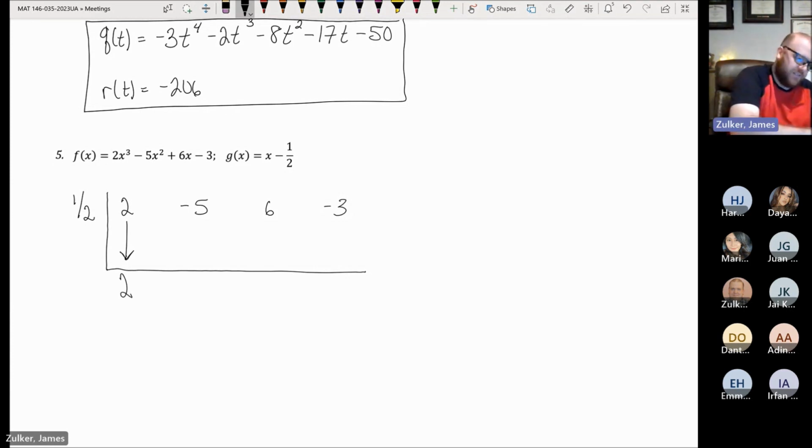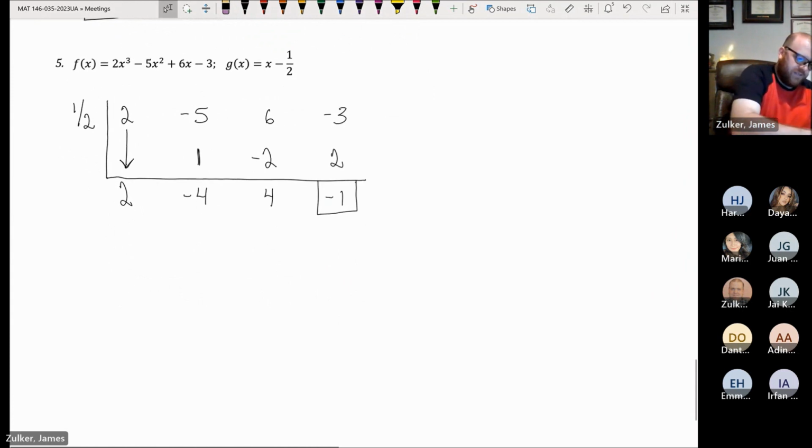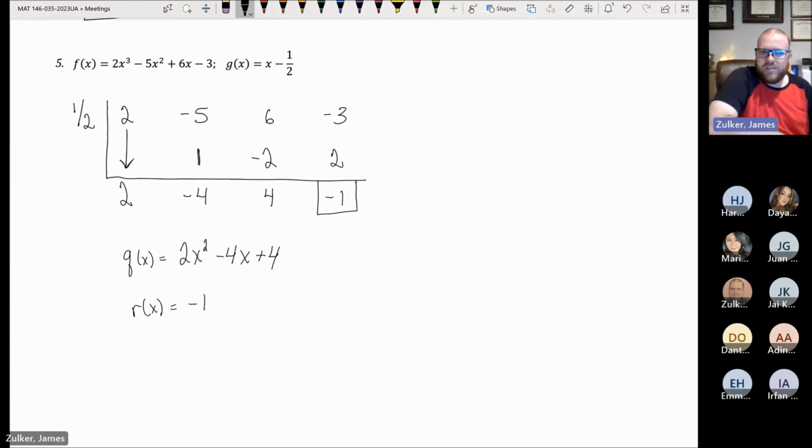Times 1/2. Plus -5. Times 1/2. Plus 6. Times 1/2. Plus -3. Quotient would be 2x squared minus 4x plus 4. And the remainder is -1.